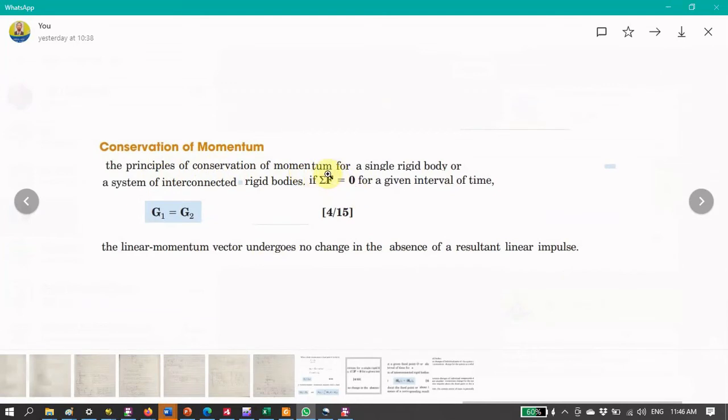If the summation of force, or the net force, is zero for a given interval of time, the linear momentum at the initial and the final time will be equal. So the linear momentum vector does not change if there is no linear impulse.